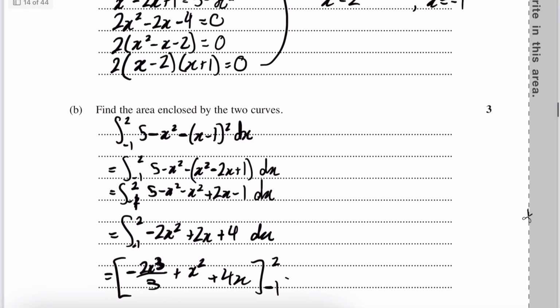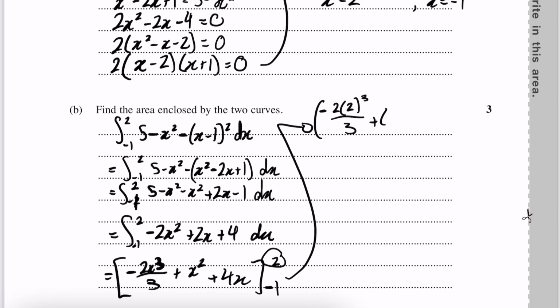And then all we do is just plug in our values. Oops, sorry, that's my bad. When we initially plug in the values for x, they should be at the top, which is 2.